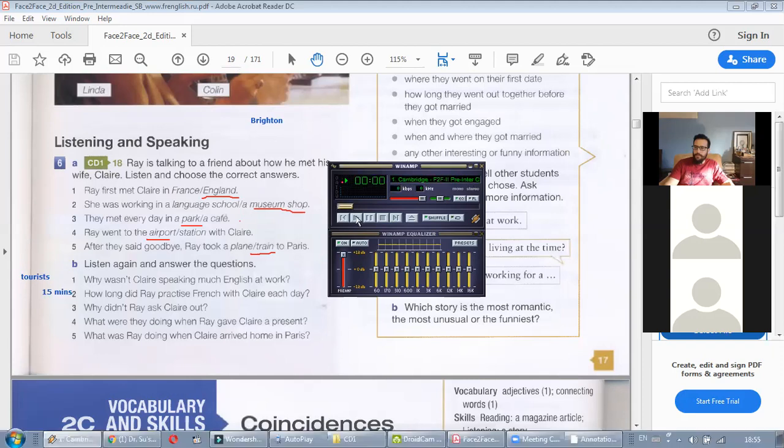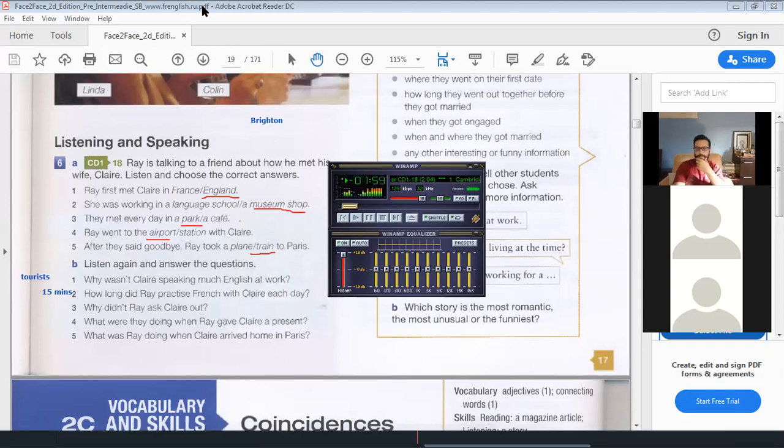Track 18. How did you meet your wife, Ray? We first met when she was renting a room in my sister's flat in Brighton. Was it love at first sight? Yes, it was. Well, for me anyway. So what happened? Well, Claire wanted to improve her English, so she was working in the shop at the museum for the summer.